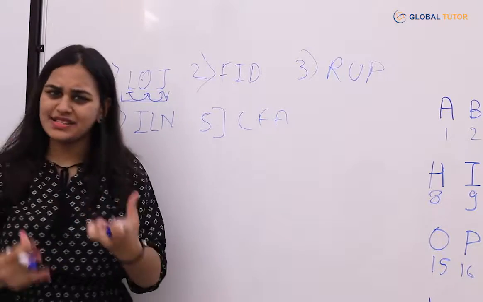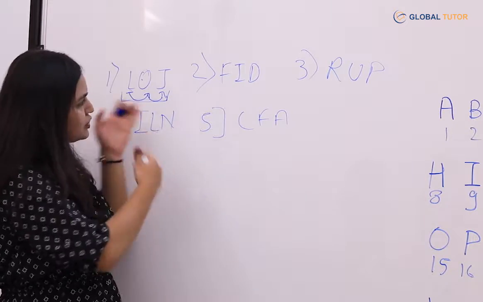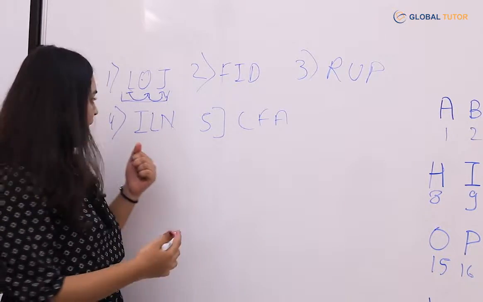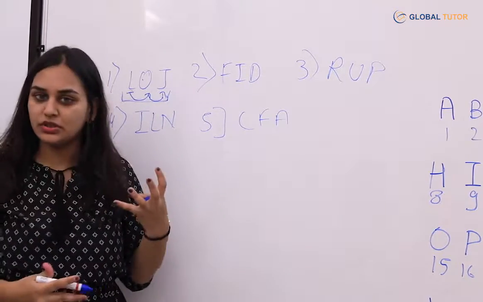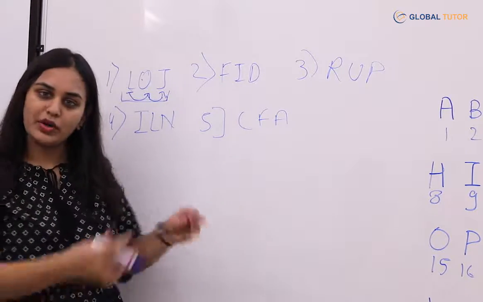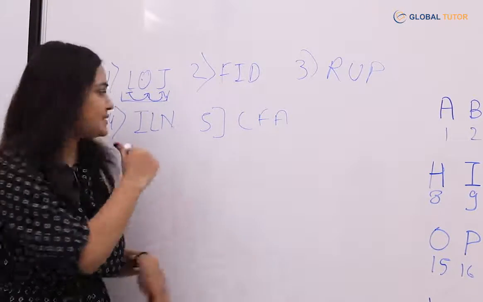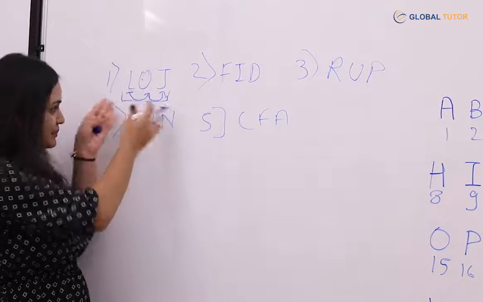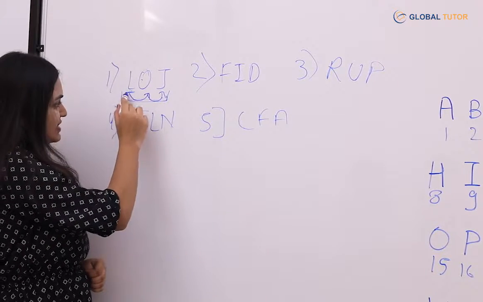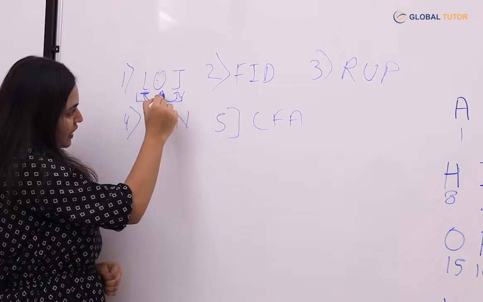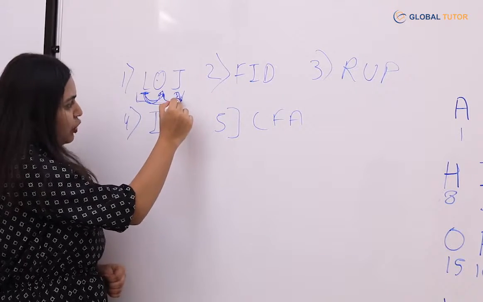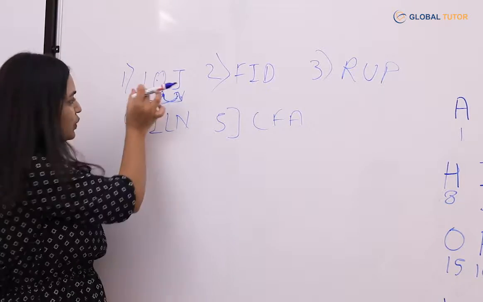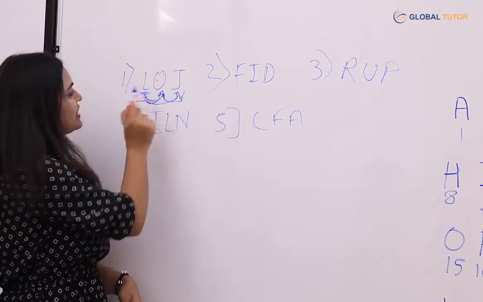Whenever you are solving a lot of questions, these patterns become more visible to you. As you go on solving more questions, these patterns will start making sense. So when I see this option, what I can see is O comes after L and J comes before L. Always compare it with one letter, mostly the beginning letter.